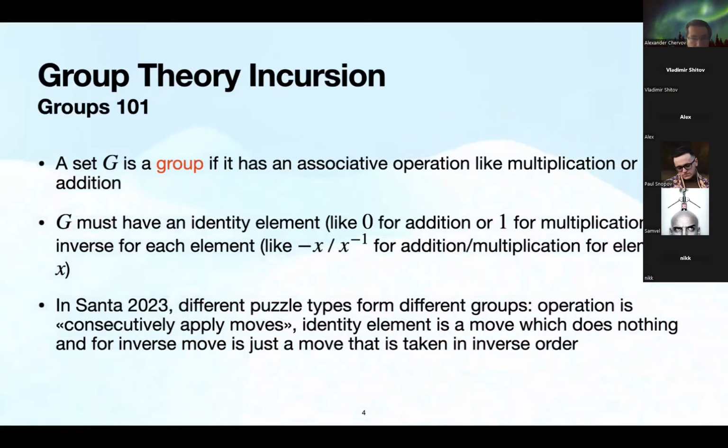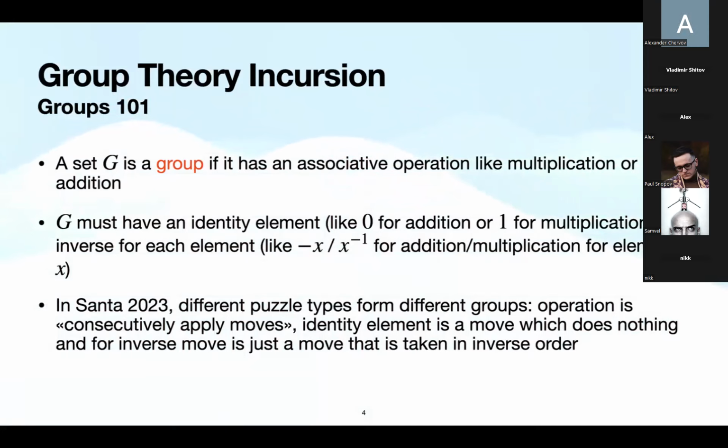Basically it's a set with some operation. This operation has some nice properties like associativity, and the set has an identity element and an inverse for each other element. And here in the competition, we have different puzzle types which can form different groups.